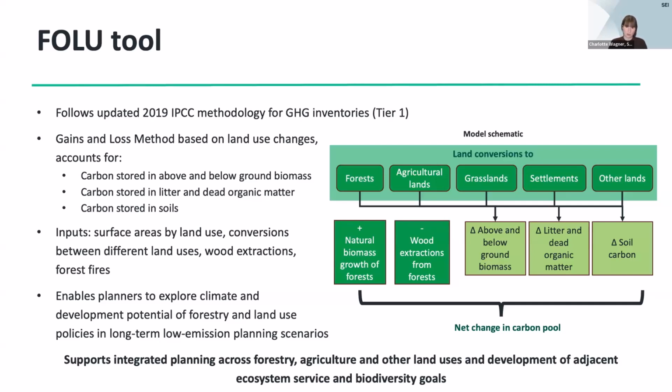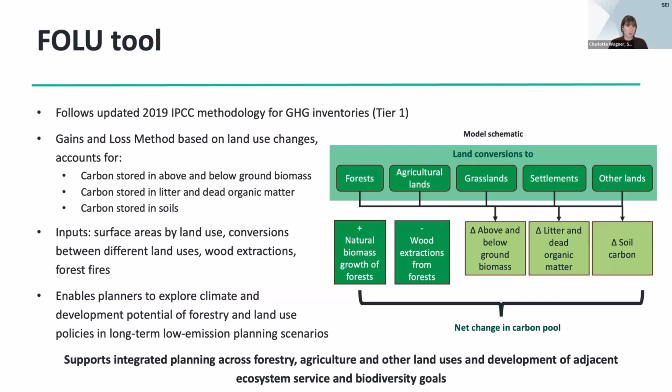Much of the data that you can use to employ this tool is available on FAO, on the FS. And so while it can be used to increase resolution and supplement this data with increasingly detailed data if they're available, it doesn't have a super high data requirement.